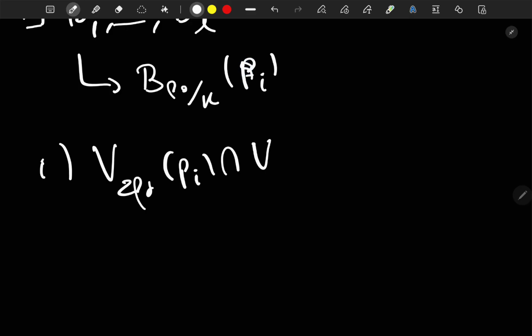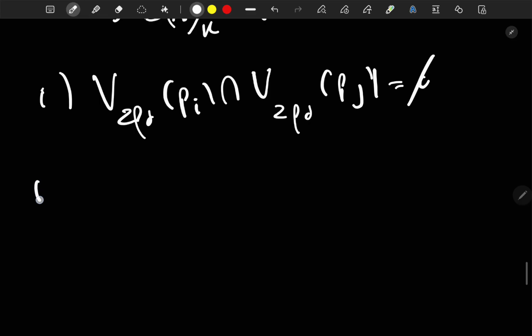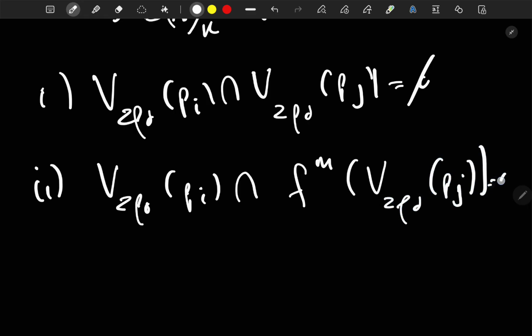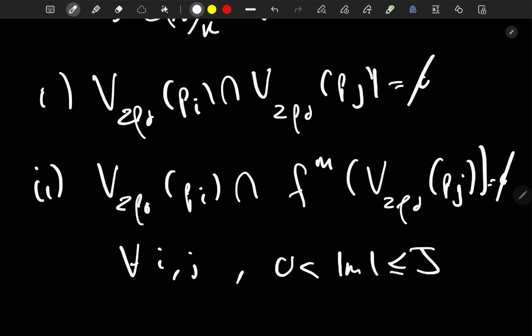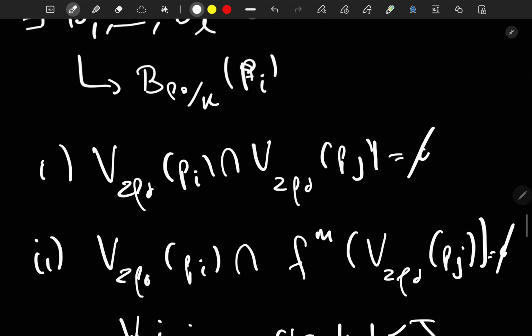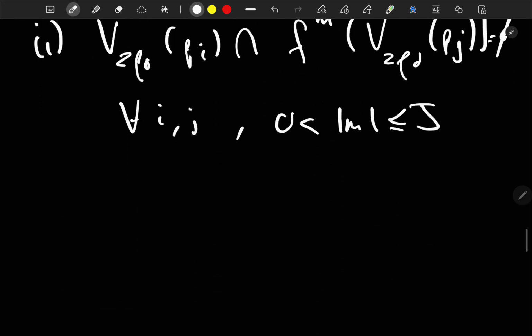Anyway, if you take the center disks, then they are disjoint, and moreover also the images are disjoint, if you iterate at least one, of course, and the iterate is less than capital J. That is the recurrence that we fix. So we have this cover of AR.